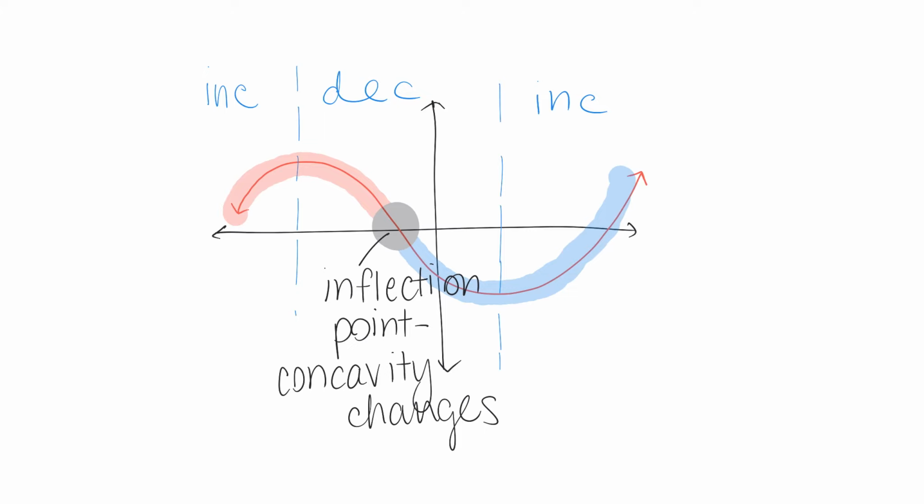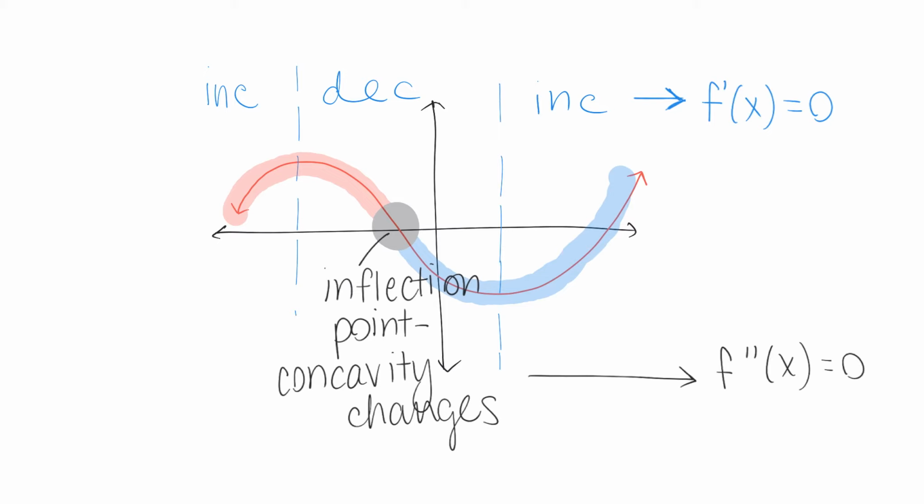It's not going to happen as often as your intervals from increasing and decreasing. So this is important. The other piece is your increasing and decreasing intervals. They occur when your derivative equals 0. Your inflection points happen, can you guess? When your second derivative equals 0.